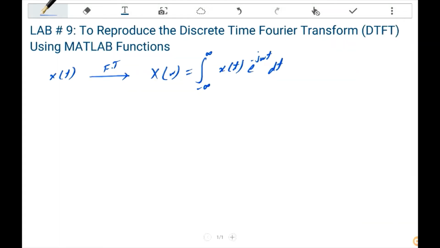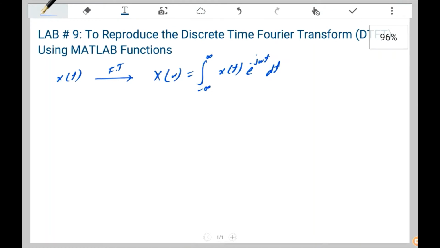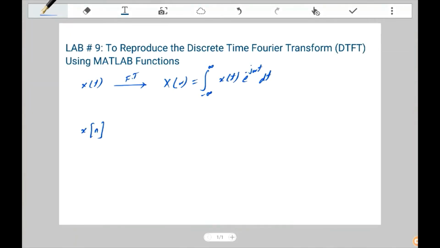Similarly, if we have a signal which is discrete in nature, the signal will be x of n. x of n represents that a signal is discrete, and we can take its Fourier transform by the same method.